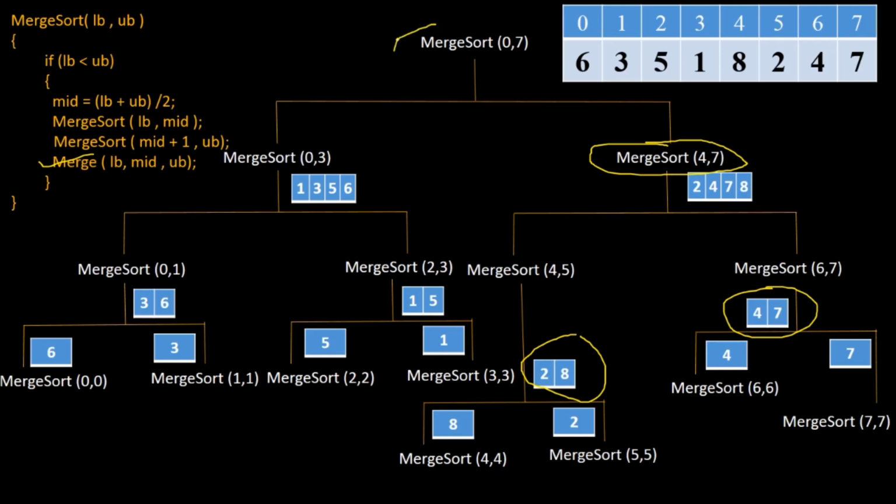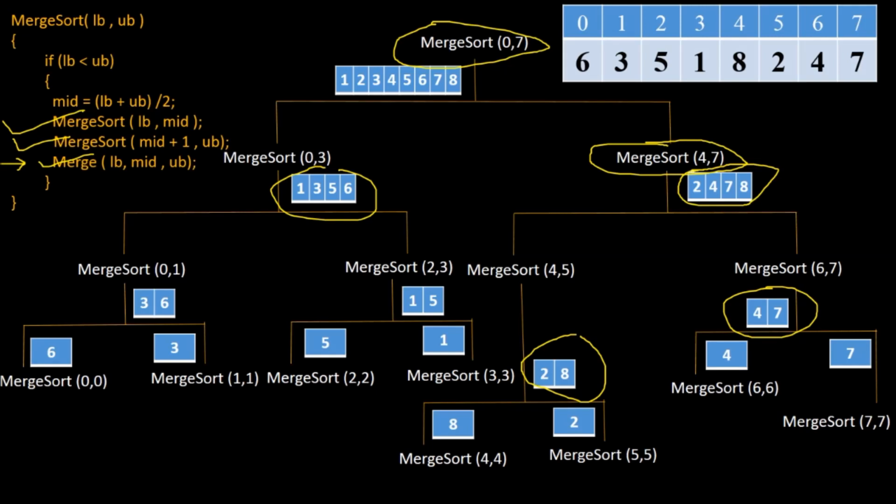Now for this function merge sort 0 comma 7, this left part is executed, this right part is executed, only the function remaining to execute is merge. When we perform this merge function on this array and this 2 4 7 8 array, we get the final sorted array as 1 2 3 4 5 6 7 and 8. So in this way the merge sort recursion works.